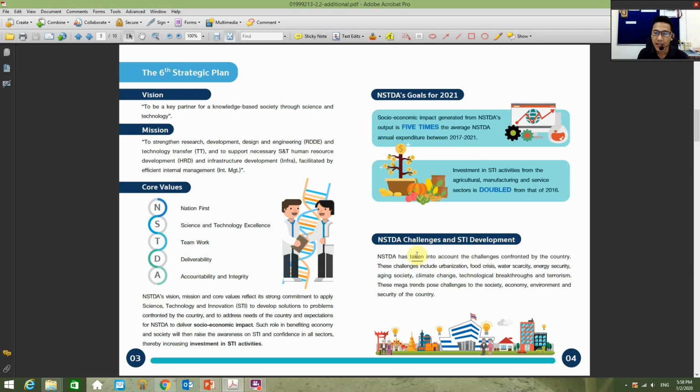And here I'd like you guys to take a look at the challenges we have. All kinds of things that we plan to achieve the goal actually come across the challenges we have, including something like this: urbanization, food crisis. Let's talk about urbanization real quick. Nowadays we have a lot of transportation, right?